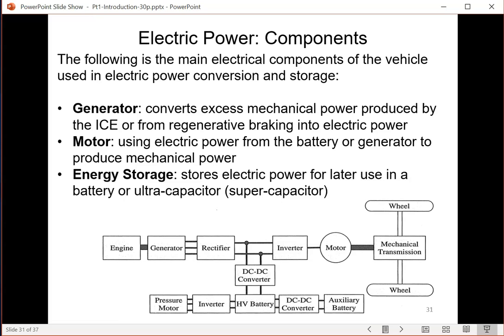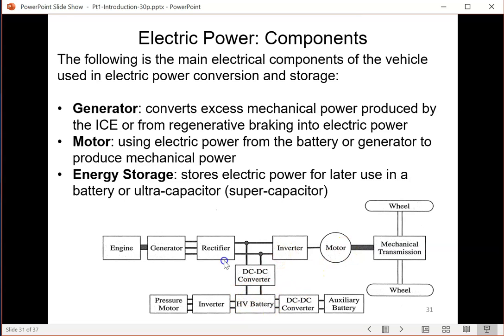Now, to make the motor and the generator work, and to charge and discharge energy from the battery, you need additional devices known as power electronics. Like the diagram I've shown here, you have the generator here, the motor here, and the battery here.